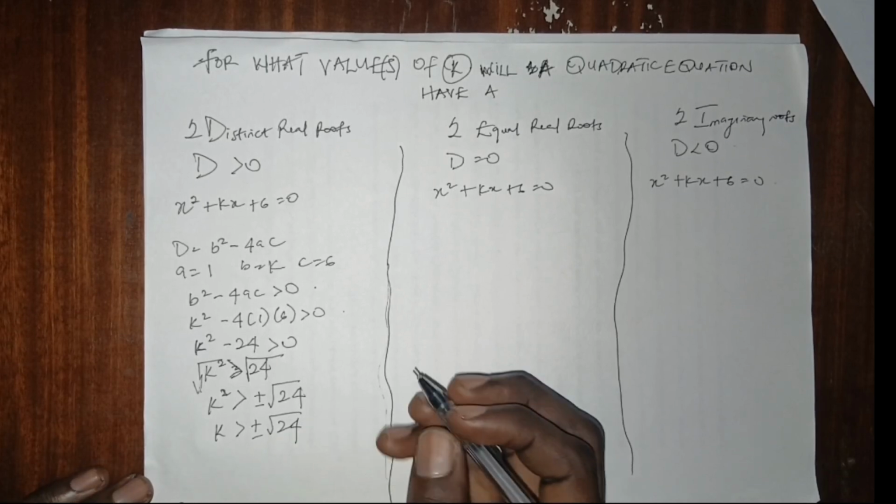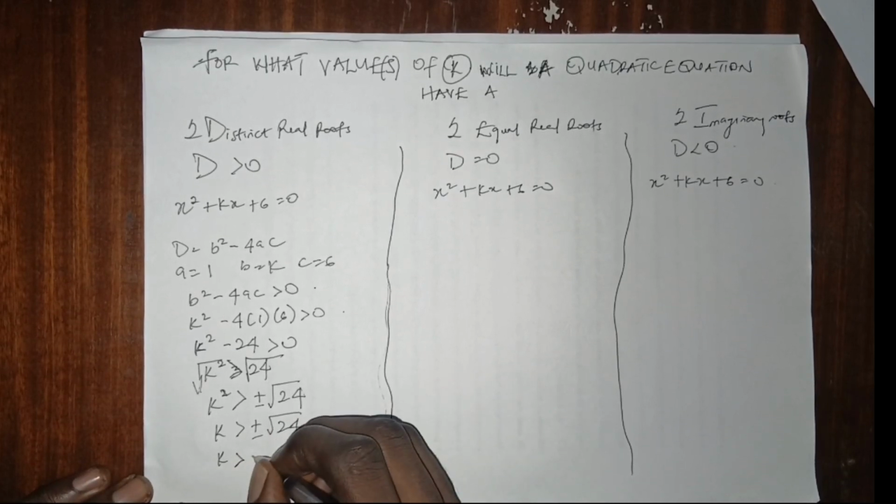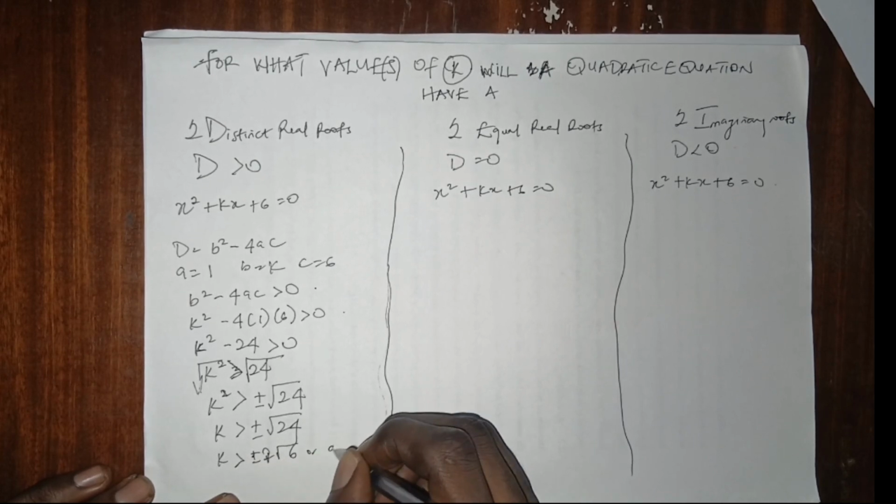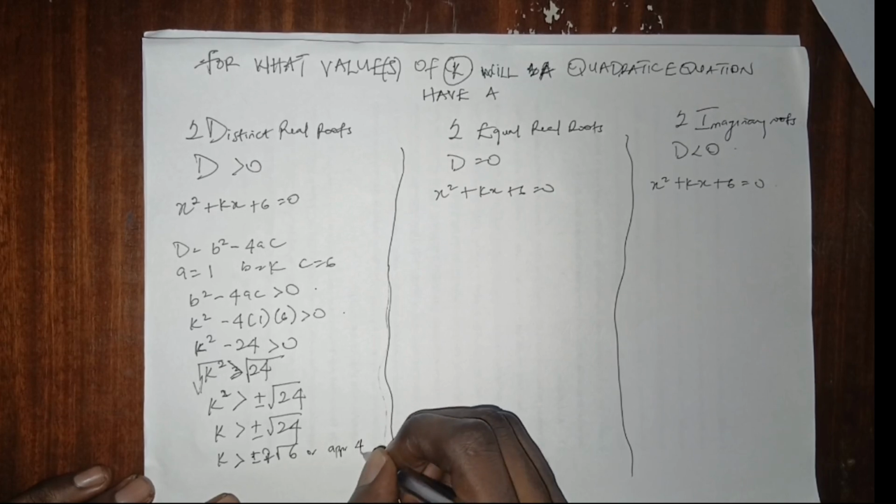This can also be written as plus or minus 2 root 6, or in decimal approximately plus or minus 4.9.